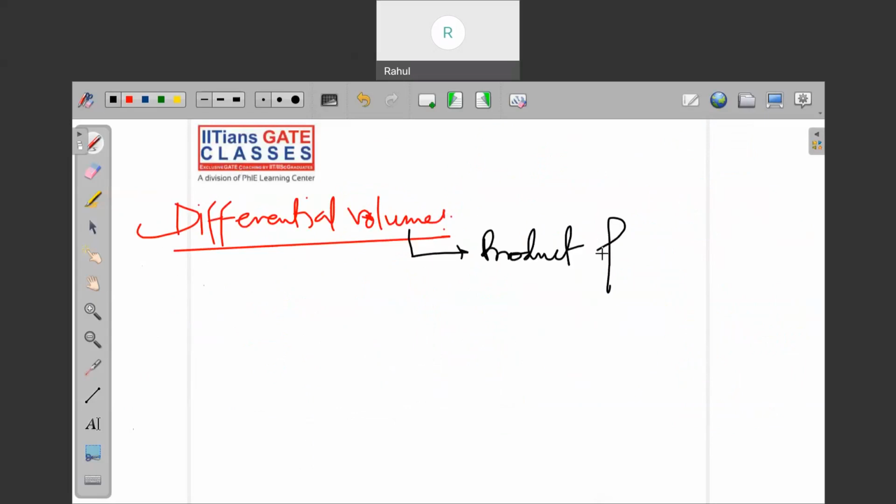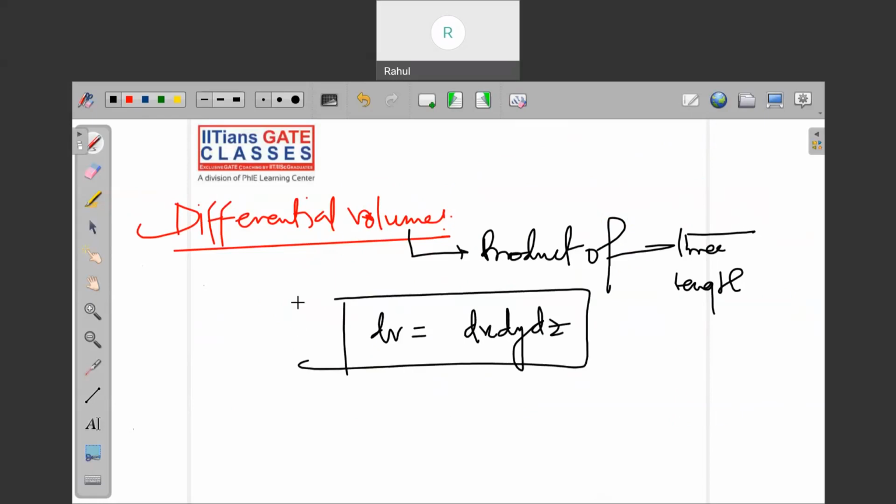So dV is going to be what? dx, dy and dz. Your volume is basically a scalar quantity, right? This guy is a scalar, it does not have any direction. Understand? So dx times dy times dz. This is the differential element for the Cartesian coordinate system, as we have seen.